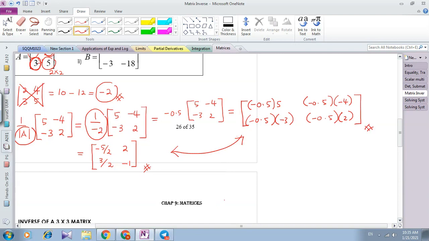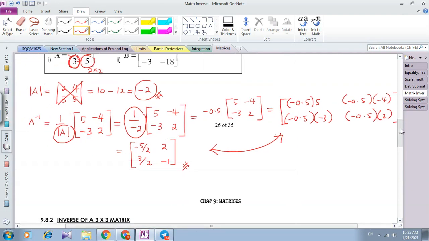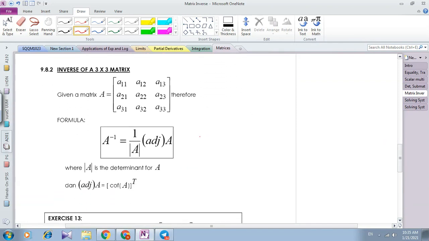Now let's look at how to find the inverse of a 3 by 3 matrix. The formula to find the inverse of a 3 by 3 matrix involves the adjoint. And also the way you find the determinant of a 3 by 3 matrix is different from 2 by 2.